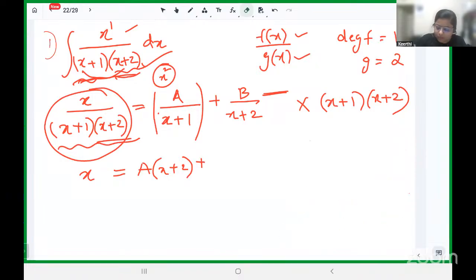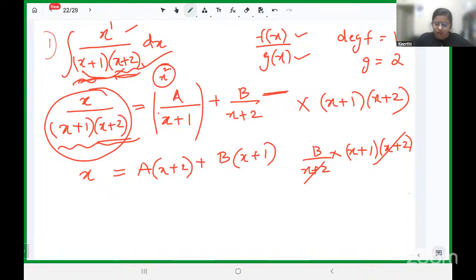Third term also I am multiplying, b by (x plus 2), with (x plus 1)(x plus 2). x plus 2 and x plus 2 get cancelled, right? So this becomes b into (x plus 1). All right. Now the task is to find the values of the constants a and b. So how will you find the values of the constants a and b? Yesterday we discussed a method, right?